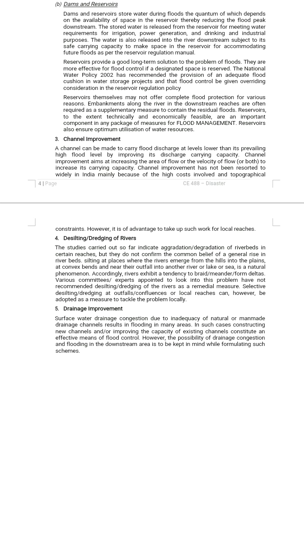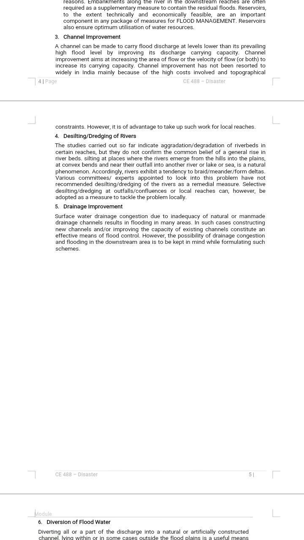Similarly, drainage improvement, because this is one of the main reasons, especially in major cities. We don't have a proper drainage system, and what we have is choked or clogged, because of which the drains are not able to carry water at their fullest capacity, and there will be overflow and then flooding.